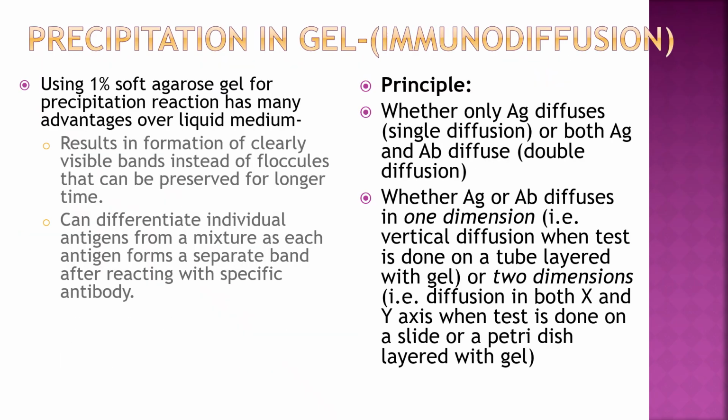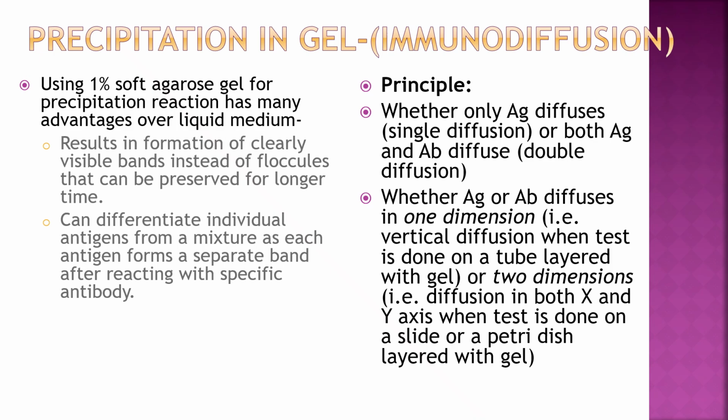Precipitation in gel is also called immunodiffusion. Using 1% soft agarose gel for precipitation reaction has many advantages over the liquid medium. It results in formation of clearly visible bands instead of floccules that can be preserved for a longer time. It can differentiate individual antigens from a mixture as each antigen forms a separate band.